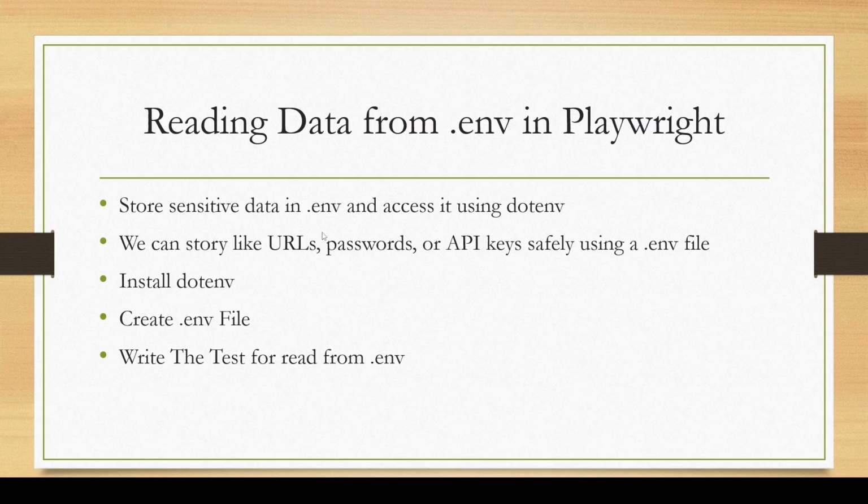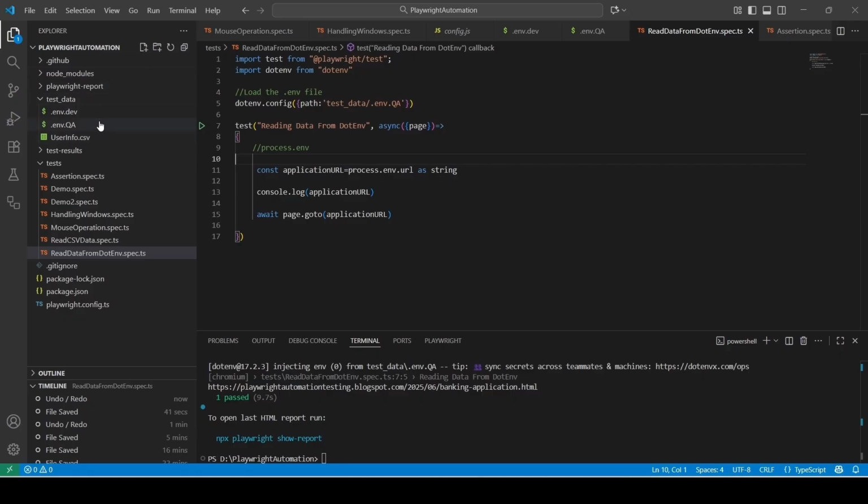Like each .env file, you can store URL, password and API keys. Now we have two environments, dev and QA. If I want to open the dev environment, you have to remove the .qa and mention dev.